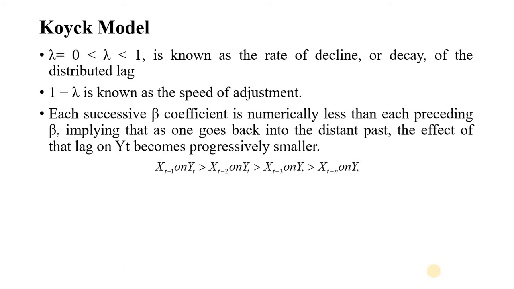What does it mean? We know that the contemporaneous effect will be more than that of the lagged effect. That means as we go into the distant past, the effect of an event on a particular variable will decrease.